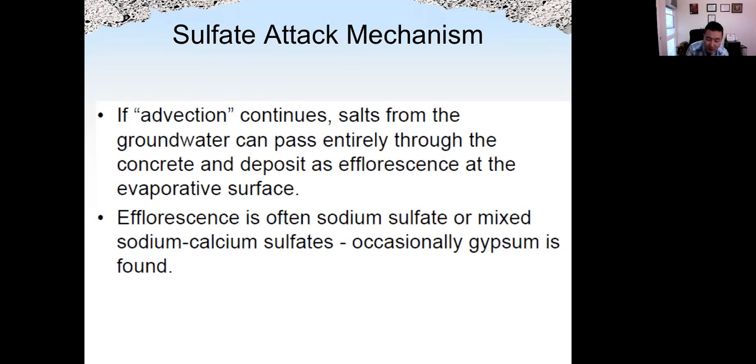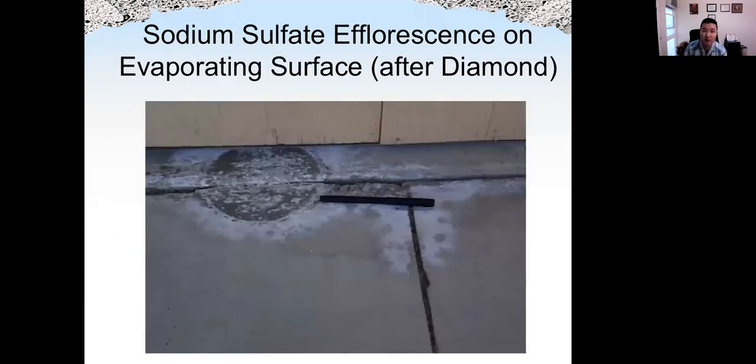For the efflorescence, if you do an XRD analysis, it shows sodium sulfate, sometimes sodium calcium sulfate. Sometimes we can also find gypsum in efflorescence. As we can see from here, this is the sodium sulfate efflorescence on the evaporating surface due to the suction movement of ground solution.